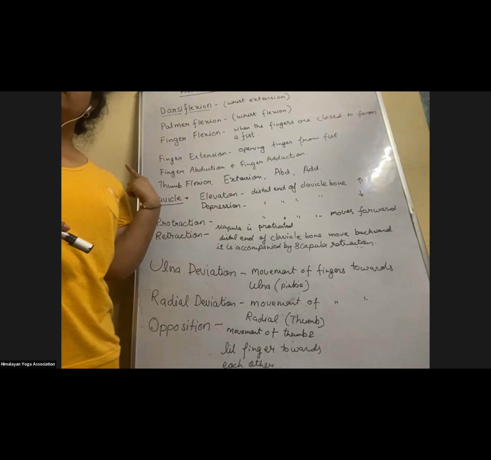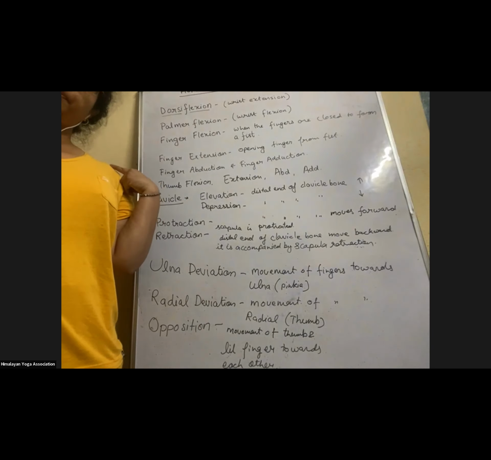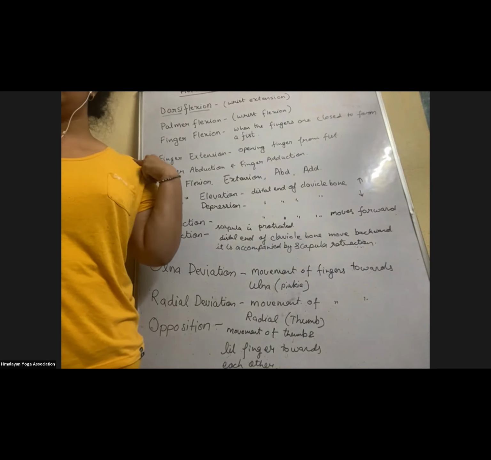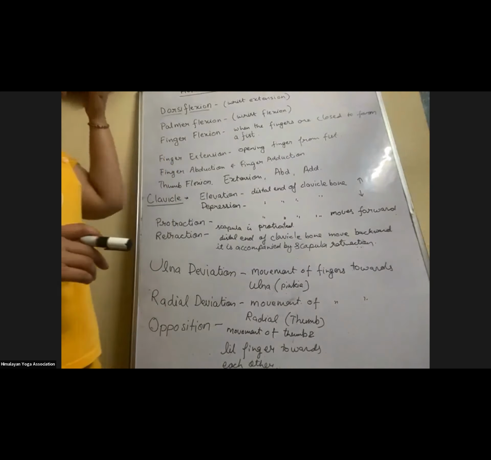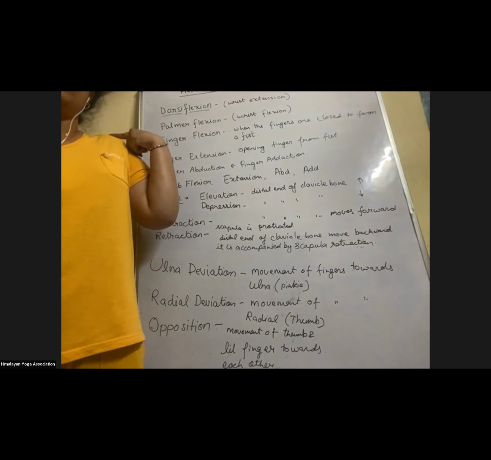So all these, elevation, depression, protraction, and retraction, we are studying in respect to the distal end of clavicle bone. Elevation is when you're moving your shoulder upward.